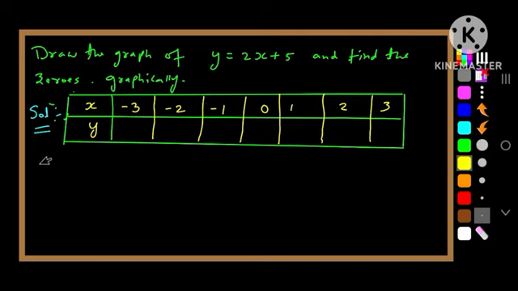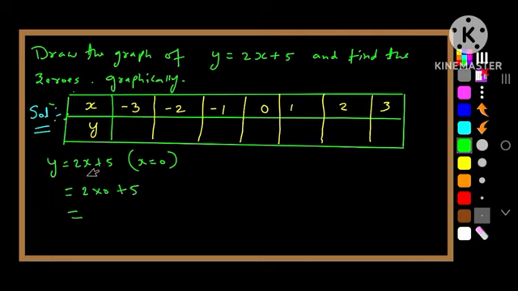So here first you have to remember that you have to take x values and substitute these x values in the equation. The equation is y is equal to 2x plus 5. Then you will get the value of y. So first of all, let us take x is equal to 0. 2 into 0 plus 5.